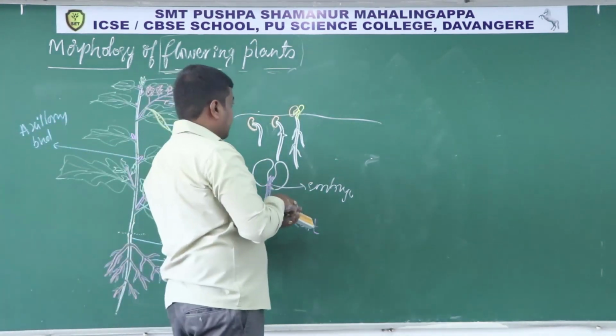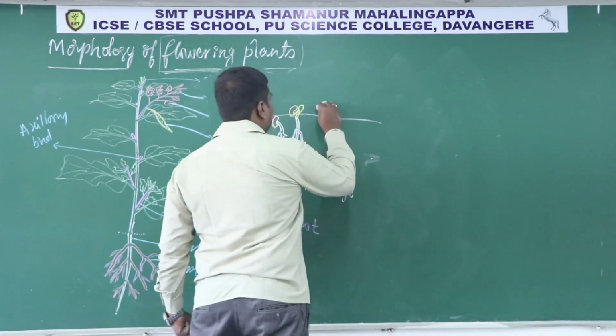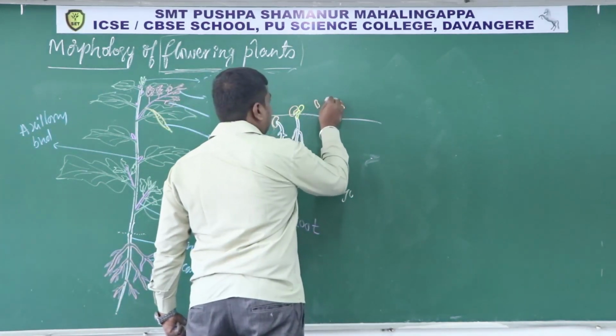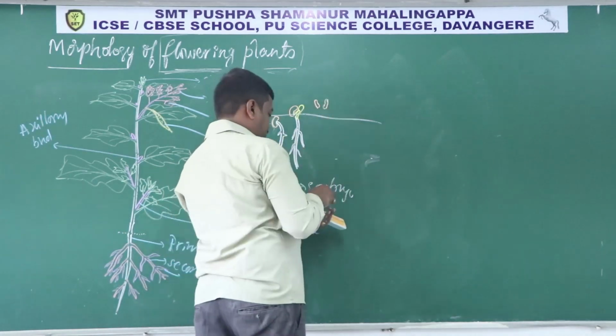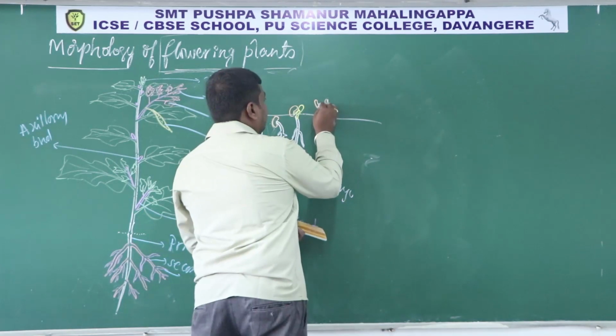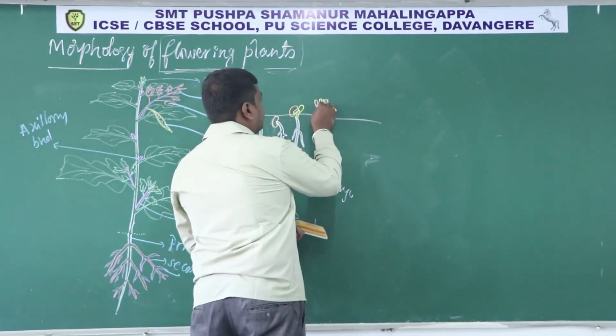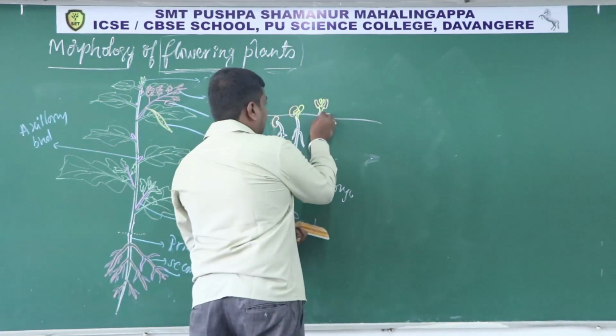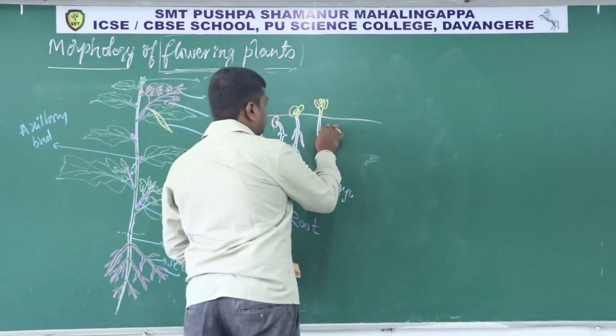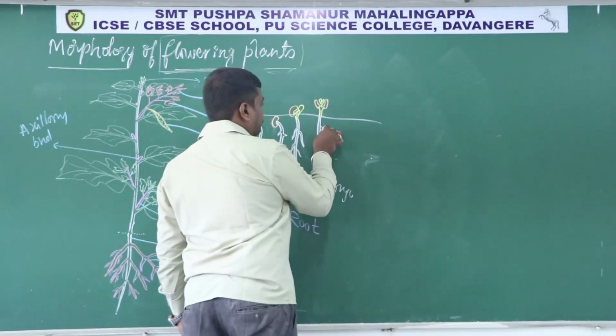In the next stage this cotyledon splits. Then you can observe the structure like this. Then it continues further and shows the branches.